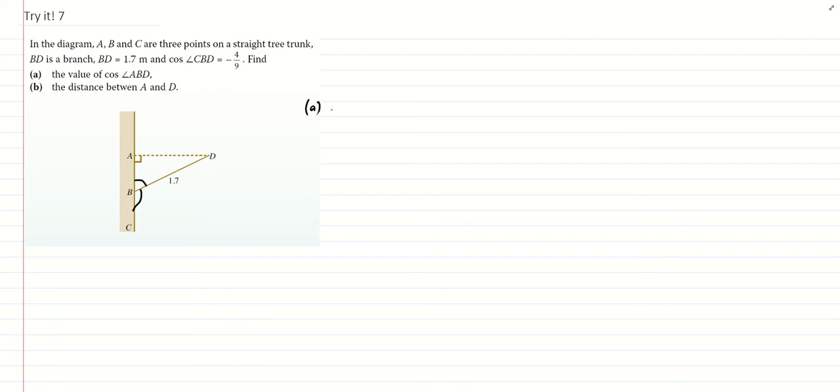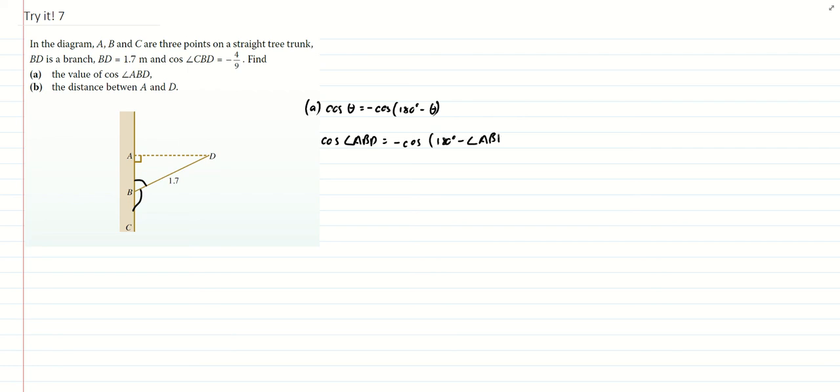So we know for a fact that cosine theta equals negative cosine of 180 degrees minus theta. So if I want to find cosine angle ABD, since we have the obtuse cosine, we can also say that this is the same as negative cosine of 180 degrees minus angle ABD.